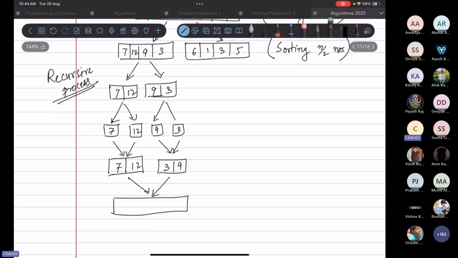Okay, so what would be the sorted order of these numbers? 3 will come first, and then 7, and then 9, and then 12.